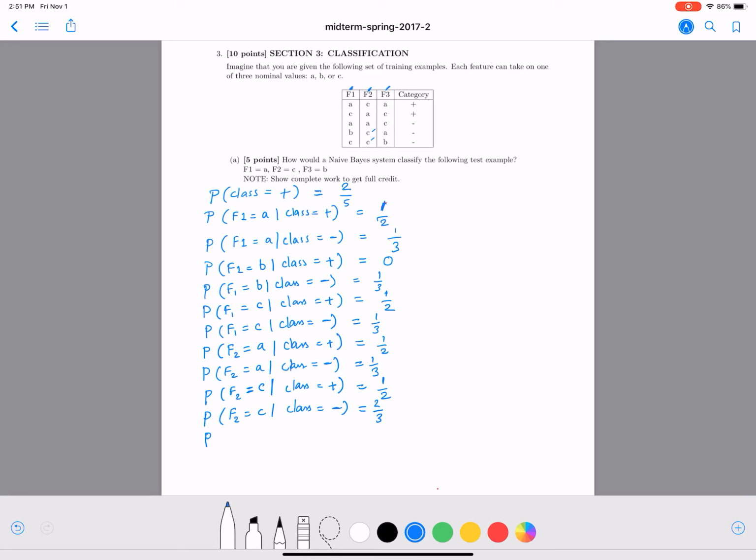Now let's move on to F3 because F2 is complete. There are only 2 possible values. F3 is equal to A given class equal to plus. Now when F3 is A, class is plus, there is one value, so it's 1 by 3. Now probability of F3 is equal to A, class equal to minus.